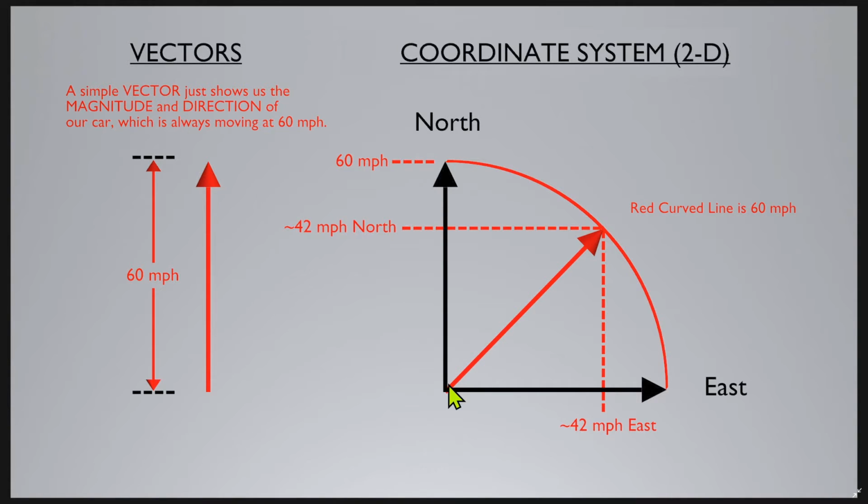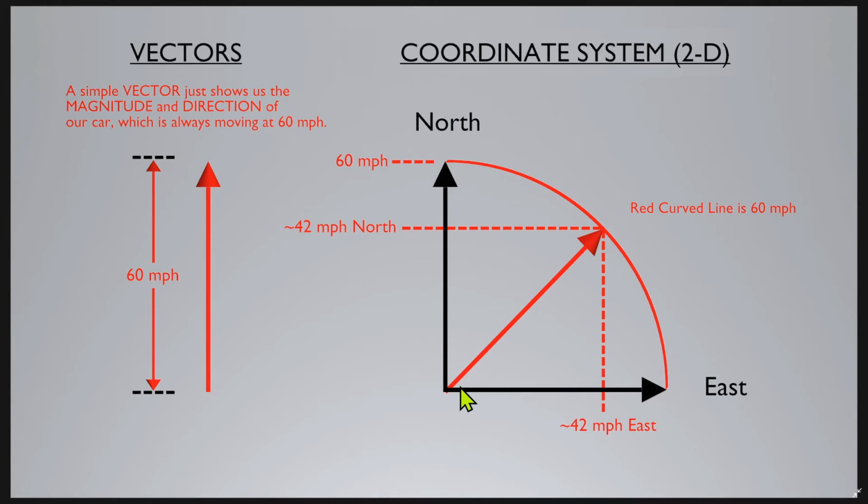I'm going to make one little deviation here into a little bit of math, just so we're clear on this. You might say, well, if you add 42 and 42, you get 84. So this must be 84 miles an hour. No, that's not true. That's not how it works. What you'll notice is that this is a right triangle. So we apply what we learned in high school, the Pythagorean Theorem.